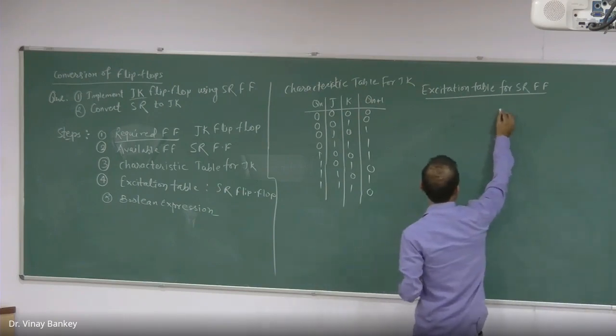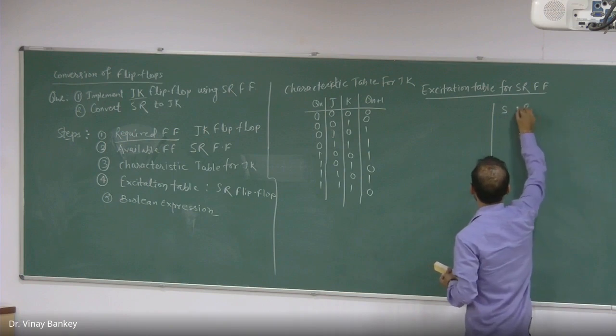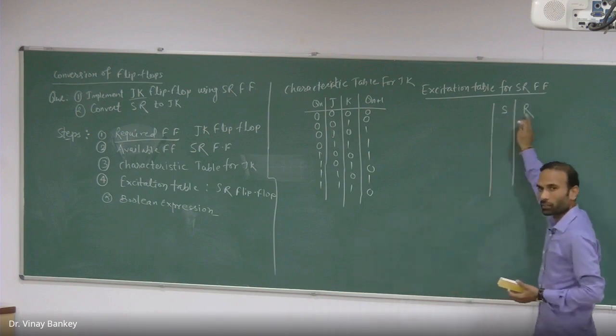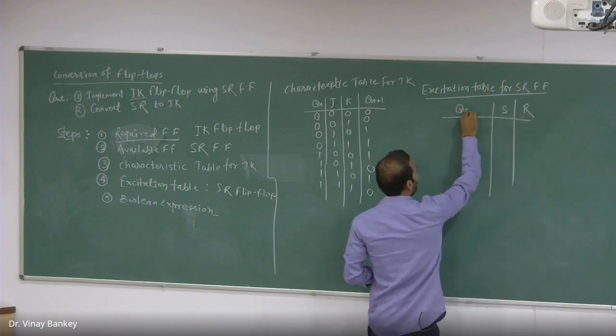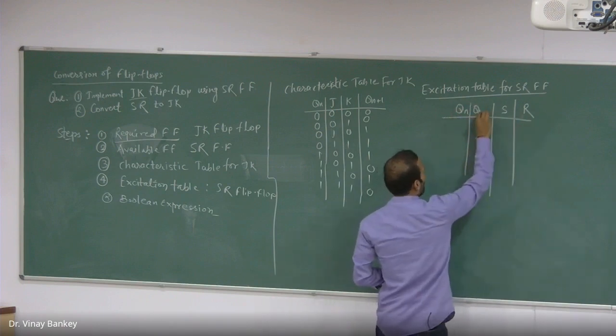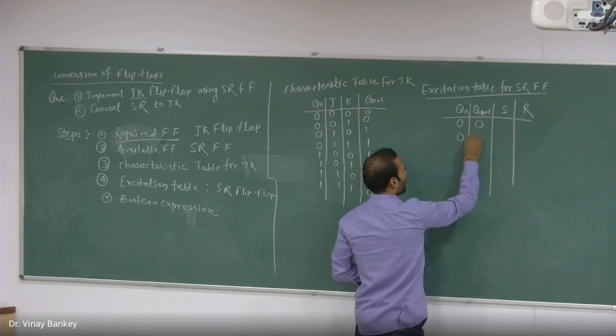For the excitation table, you will write the inputs, which are the excitations to the flip-flop. On the left-hand side of the table, there will be the states, the previous one and the next state. So there will be 4 combinations.